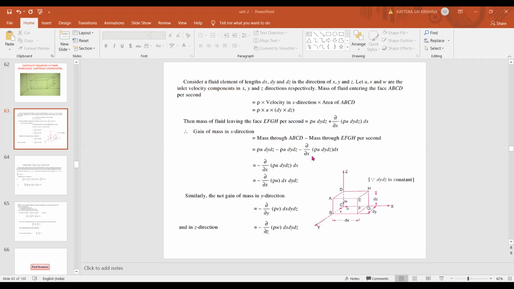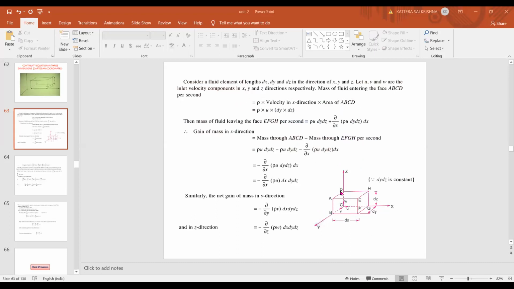We know the general mass flow rate formula: rho into A into V, density into area into velocity. Discharge is A into V, and mass flow rate in kg per second is rho into A into V. That is the formula we are using here.